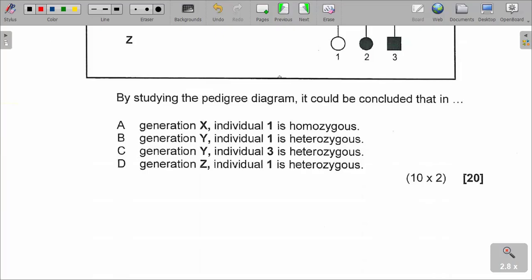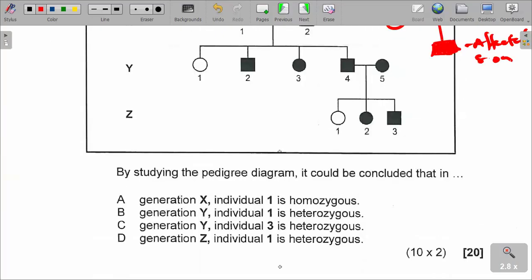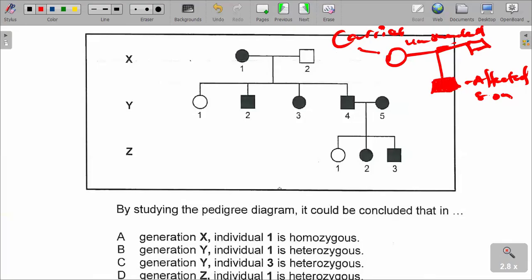One thing that we need to understand is that in an autosomal dominant pedigree, affected individuals come up in every generation, and why? In generation Y, individual one must carry one affected allele and one normal allele. So therefore, the person must have a heterozygous condition.